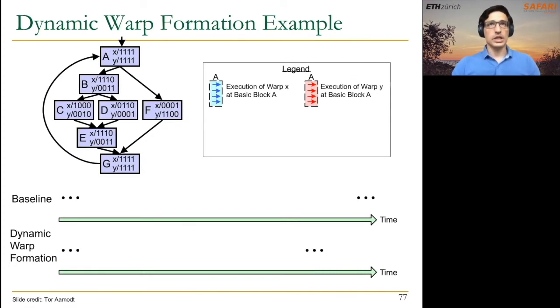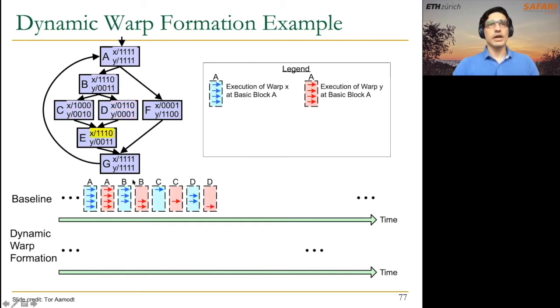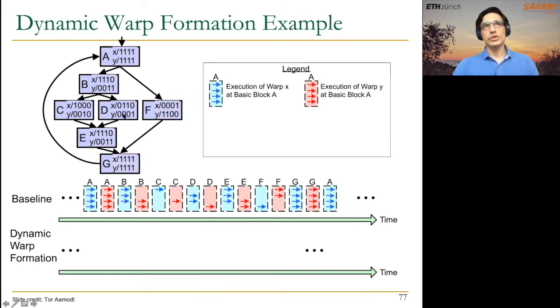This is just a timeline where you can see a more complex example with different paths of execution, different blocks of code, A, B, C, D, E, F, G, and different threads following different paths. In the baseline, we see some divergence at some point. For example, here in path B, some of them go through C, some others go through D, and so on. This takes some time.